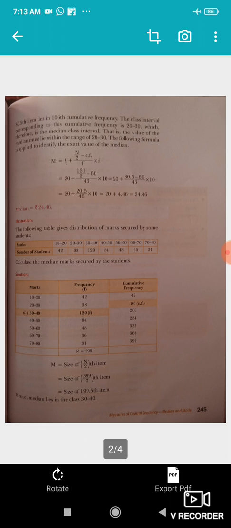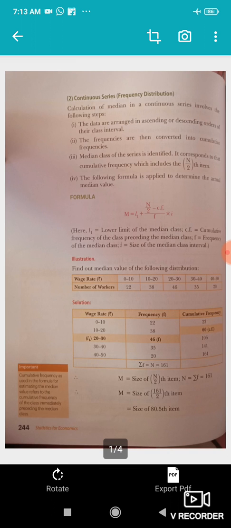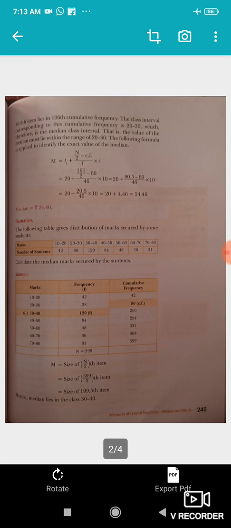The following formula will be applied, that is L1 plus (n by 2 minus Cf) upon f into i. What is L1? L1 is the lower limit. For 106, the class interval is 20 to 30, so the lower limit is 20.